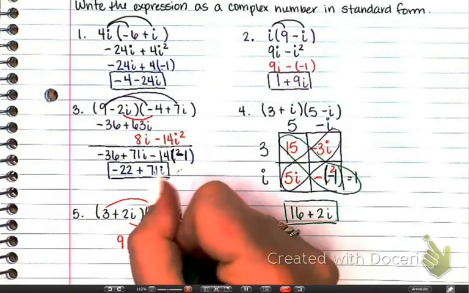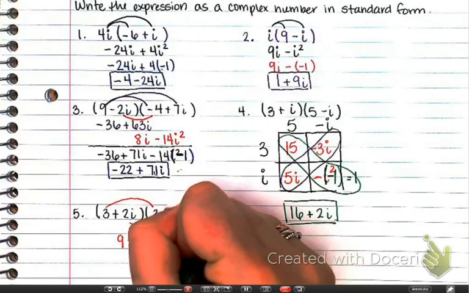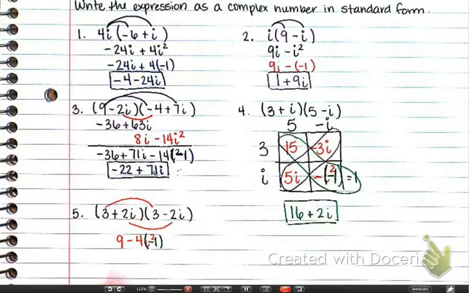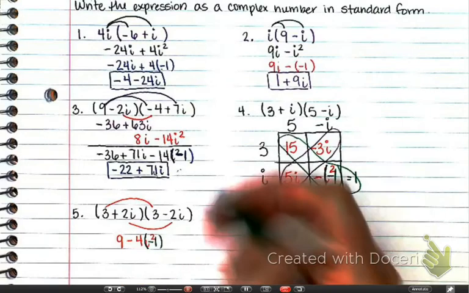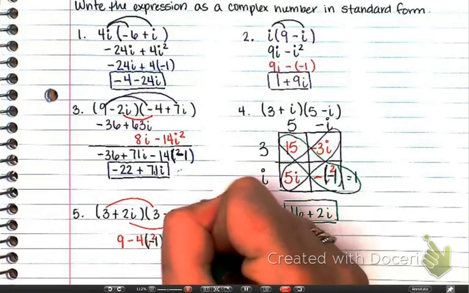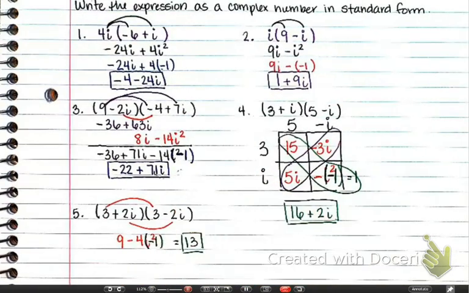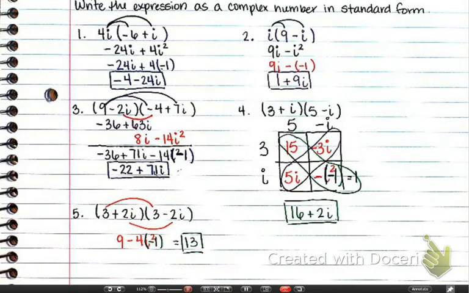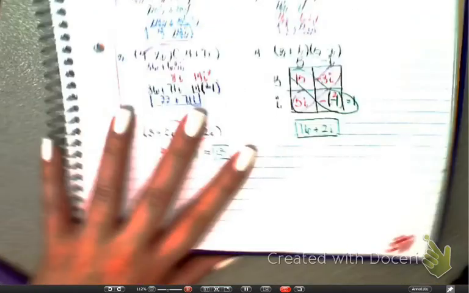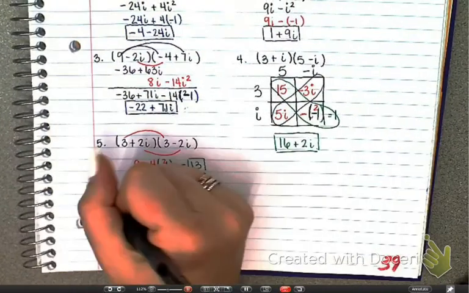But remember, I'm replacing i squared with negative 1. So it's really 9 plus 4 for a total of 13. Are you okay with that? Okay. What if I give you one that looks like this?